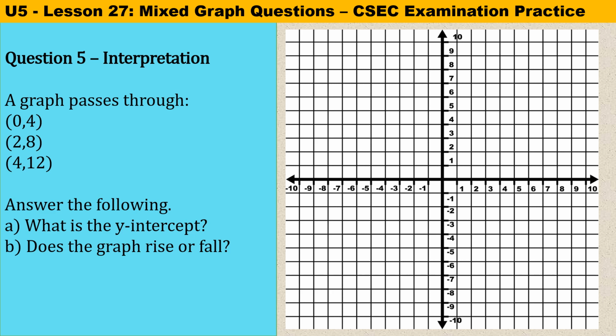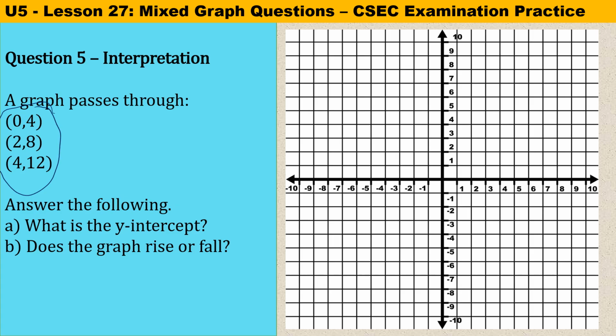Interpretation. A graph passes through the points (0, 4), (2, 8), (4, 12), and it asks, what is the y-intercept? Does the graph rise or does it fall? Without plotting these points, you should be able to answer these questions.